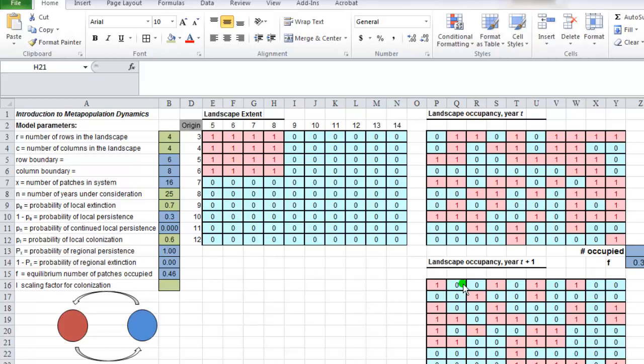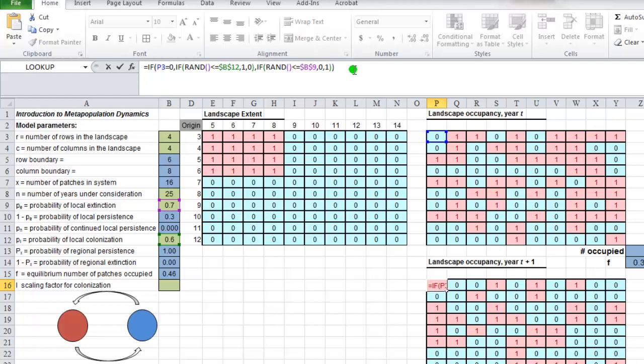And some patches, of course, remain constant in whatever their status was. Now, the equation that we used is in cell P16, and we copied that equation through the whole grid. And this, in fact, is the island-mainland model. That is, it's the equations that generate your patch occupancy pattern in the next time step.